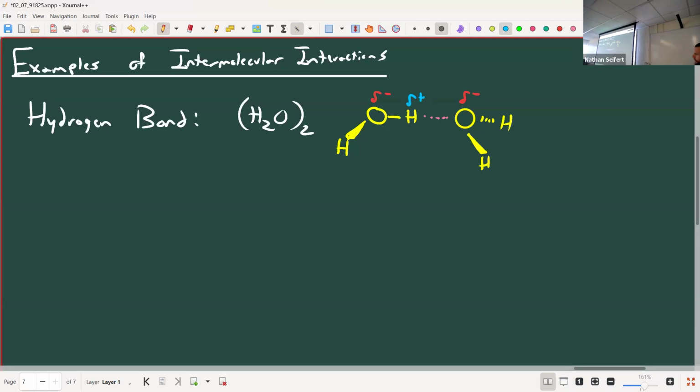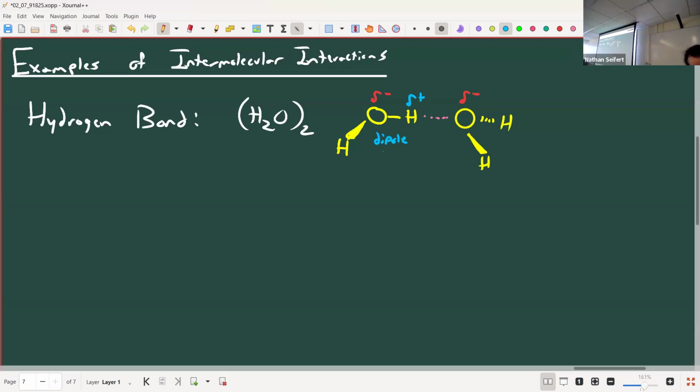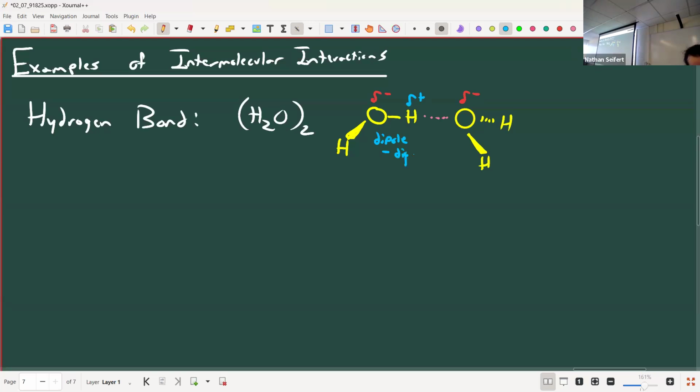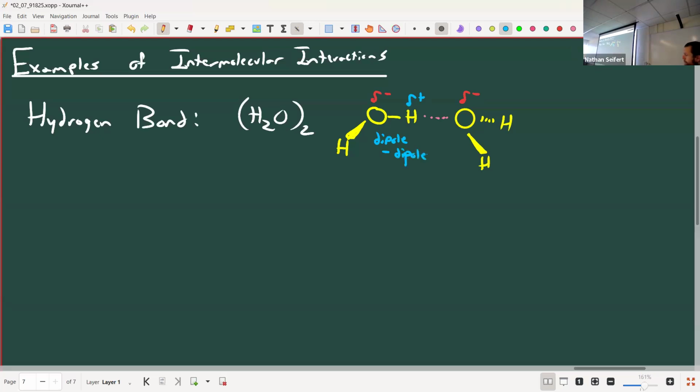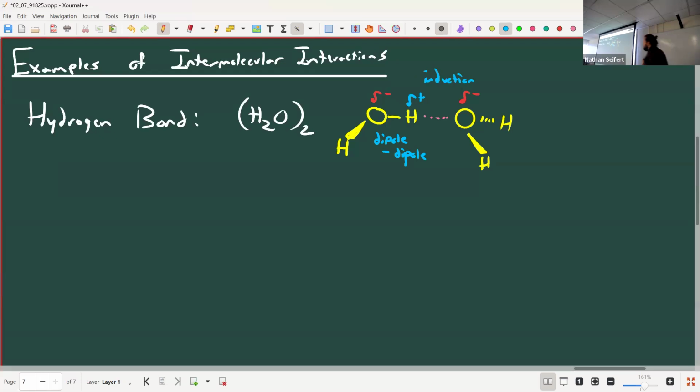So again, this is a dipole and an induced dipole. As we'll see, there's a little bit of electrostatic in here, right? We have a dipole-dipole interaction here. But it also induces the dipole as well in water. So there's also some induction. All right, so hydrogen bonds are stabilized by both.